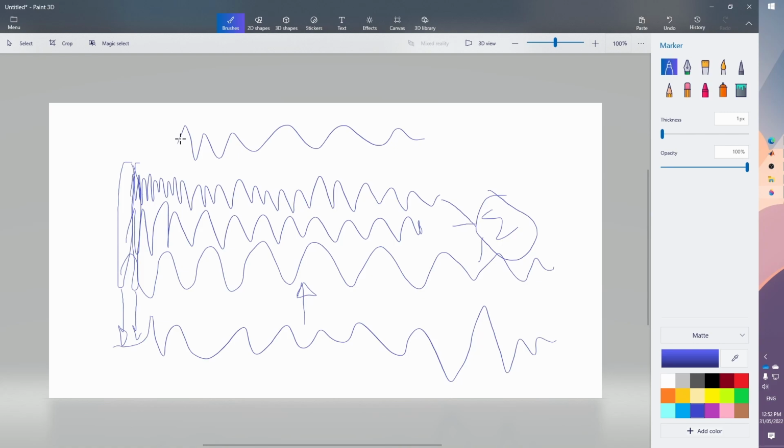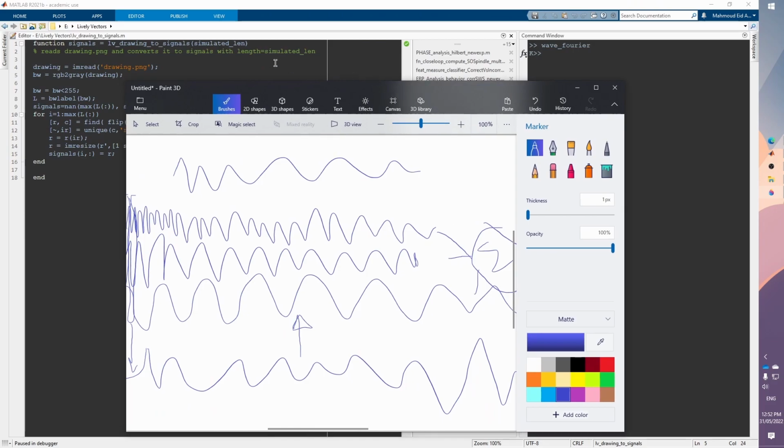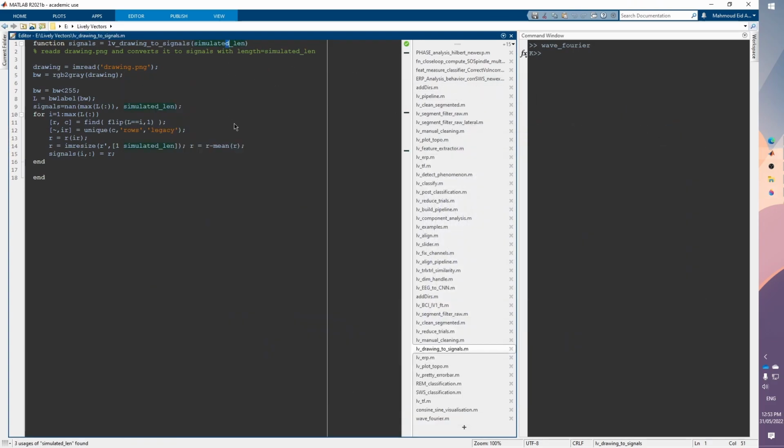Then I determine the locations of the pixels that are darker than the background, convert these into actual indices, and then convert this into an actual signal with a corresponding number of points. Feel free to check this, and by the way, you can create many signals underneath each other.